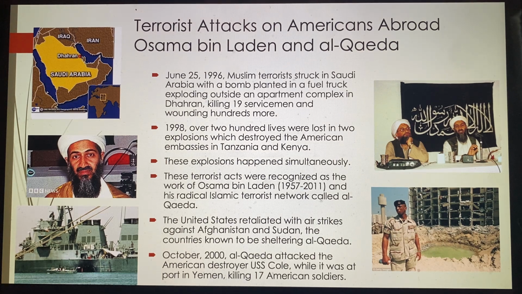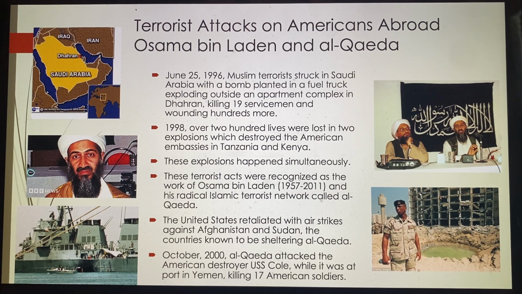Terrorist attacks on Americans abroad, Osama bin Laden and Al-Qaeda. So now we're going to get into the foreign relations, but there were basically Americans being attacked outside of the United States as they traveled and lived in different areas. On June 25th, 1996, Muslim terrorists struck in Saudi Arabia with a bomb planted in a fuel truck exploding outside an apartment complex in Dhahran, killing 19 servicemen and wounding hundreds more.